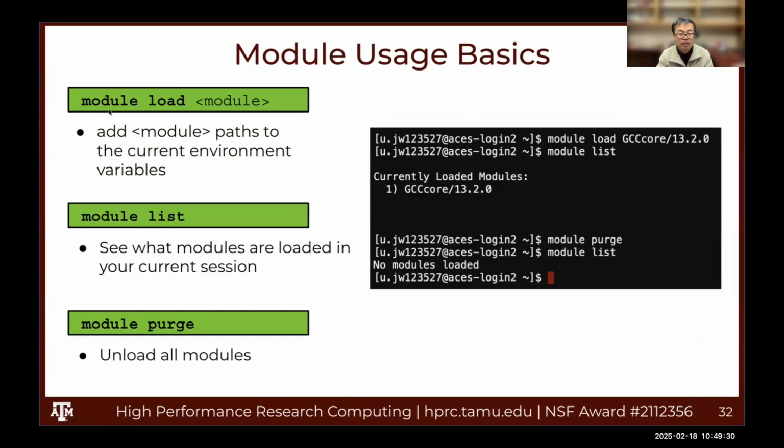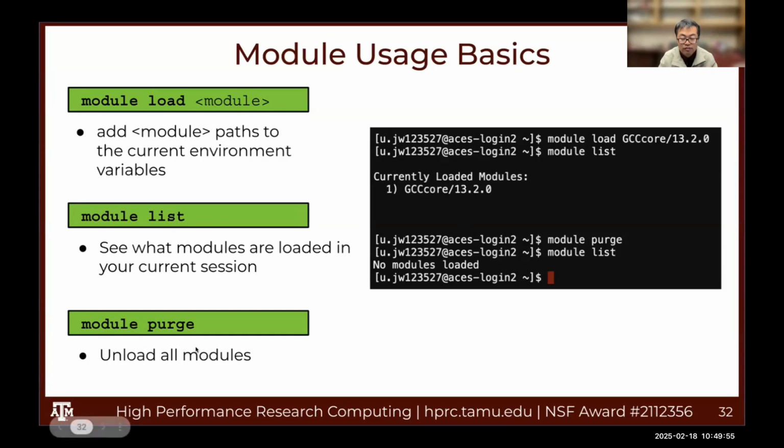And then after you find the modules you want, you can use module load and the software. Sometimes I just copy and paste the software name here, and then it will be loaded. And then you can use module list to see what modules have been loaded in your current session environment, and then you will be able to use them.